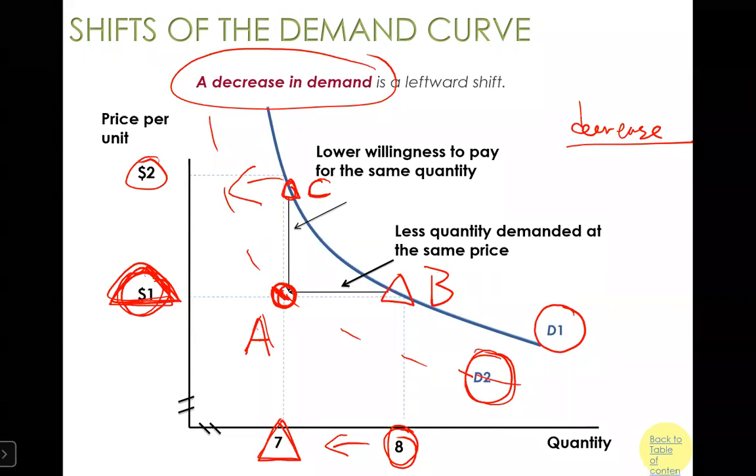Now at the new demand curve, the customer is only willing to pay $1. In other words, if you want me to buy 7 units, you must decrease your price from 2 to 1. Your willingness to buy decreases. So this is the other way to look at why there's a decrease when we move from D1 to D2.